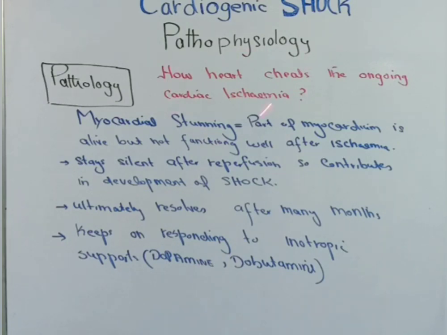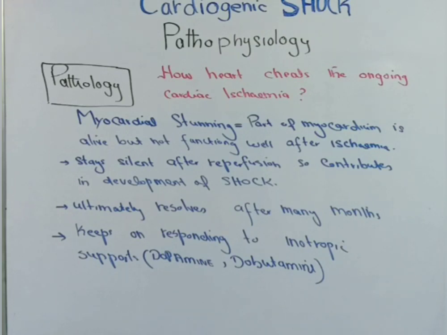That when the cardiac ischemia has happened and the myocardial stunned part of the heart is not responding to the reperfusion therapy and is not contributing to the ejection fraction, but is actually dysfunctional and is contributing to the development of the shock, and if at that time you put the patient on dopamine or dobutamine, which are a therapy for cardiogenic shock, then that part of the myocardium which we are calling the myocardial stunned area will respond to the inotropic support.